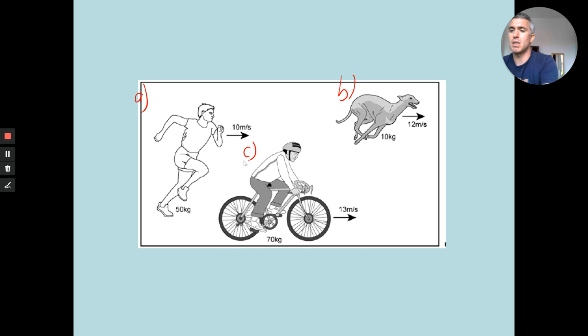Okay, so this one should have been 10 times 50, 500. This one was 12 times 10, which is 120. And this one is 70 times 13, which I can't do in my head. 70 times 13 is 910. And they're all kilogram meters per second.